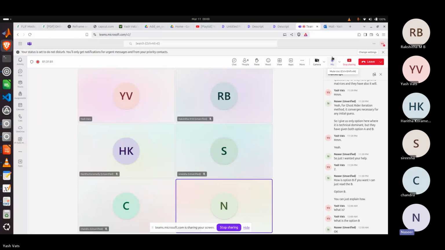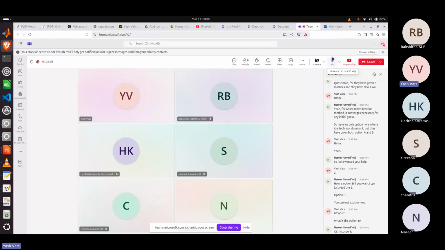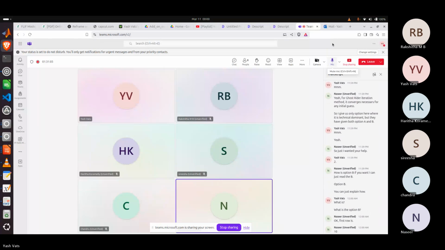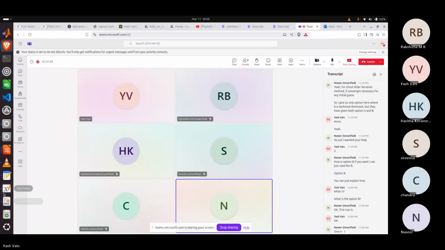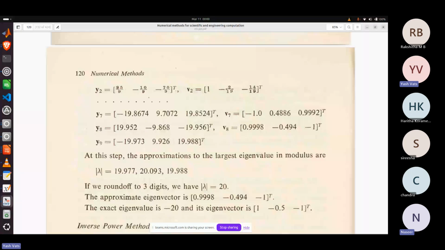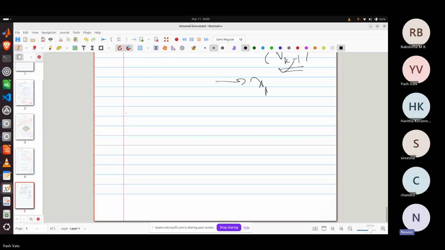Okay, the first row is 1 0 minus 1. The second row is minus half, 1, minus 1 by 4.